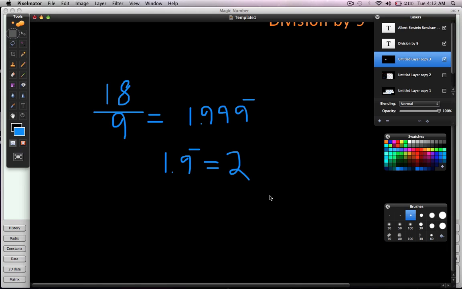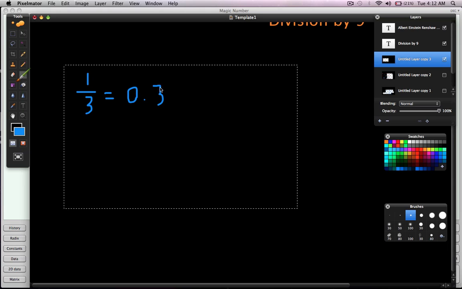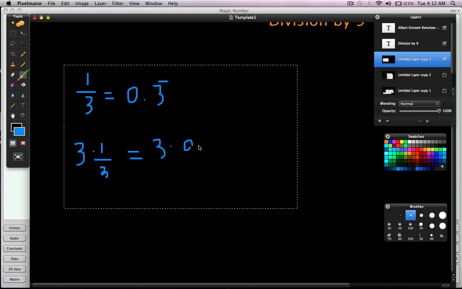And this has to do with asymptotical graphing. And a simple explanation I can offer to those who haven't heard of this before is basically 1/3 equals 0.3 barred. That's without doubt. So if we multiply both sides of the equation by 3, we have 3 times 1/3 and 3 times 0.3 barred.